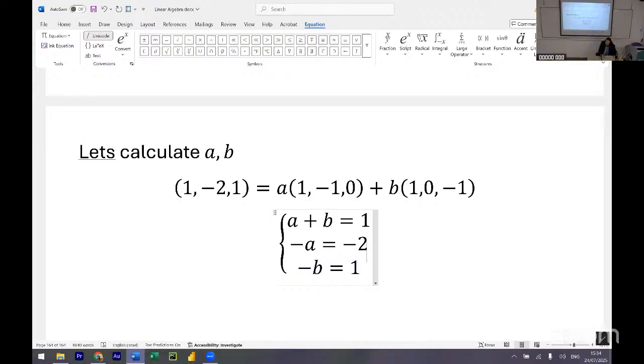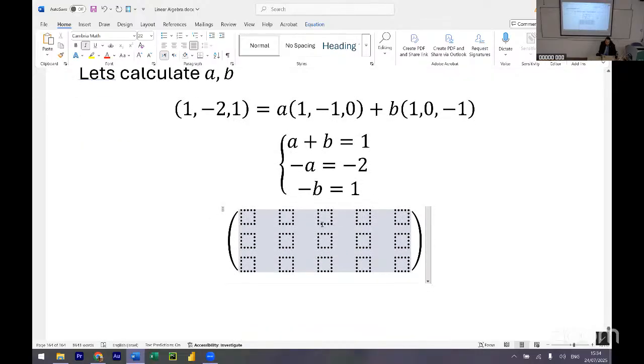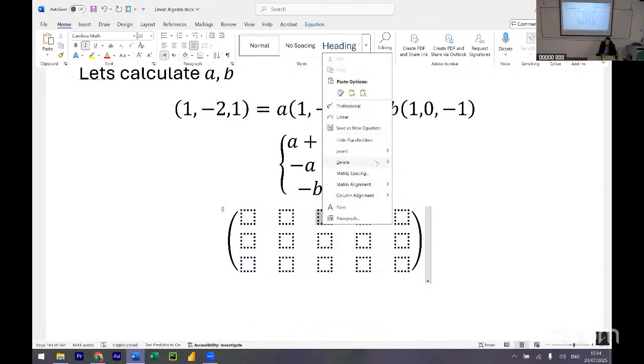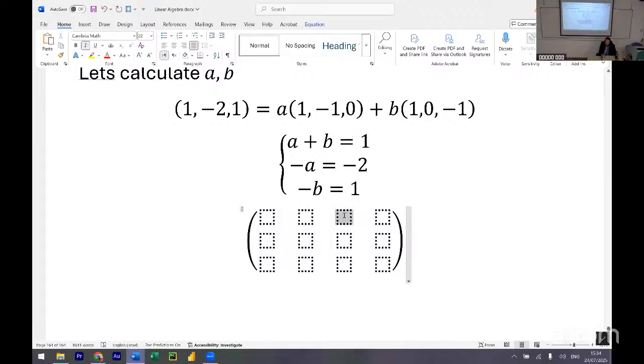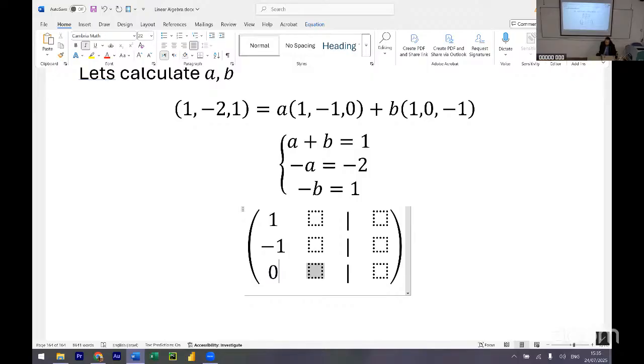But nevertheless, I will put it in the matrix because it's not always this easy, and I think the best way is the organized way here. So I'll put it in a matrix, and that's one extra column. And you might notice something. The coefficients of A are 1, minus 1, 0. The coefficients of B are 1, 0, minus 1.